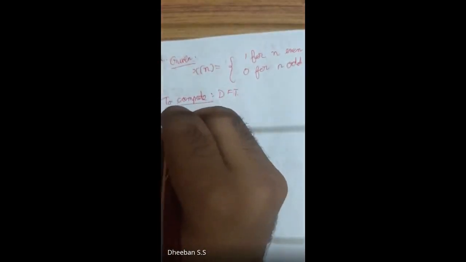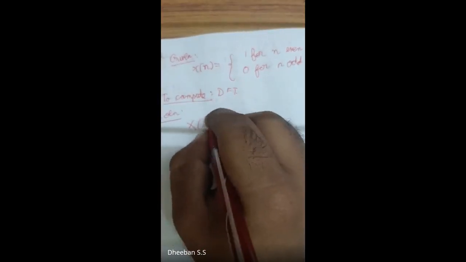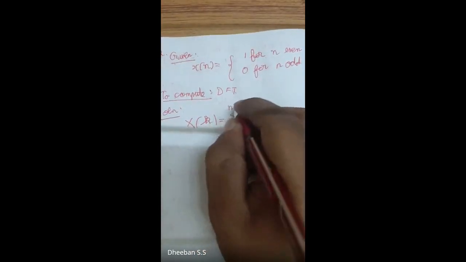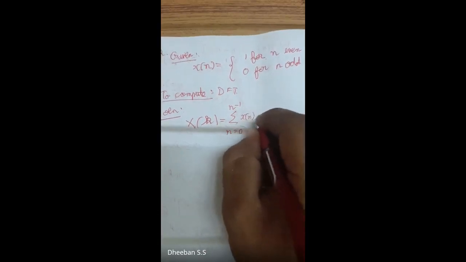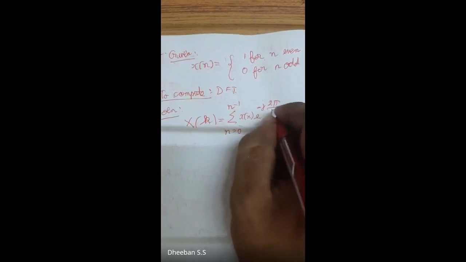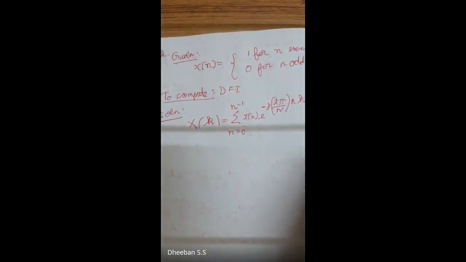The solution is just write x of k. X of k is equal to summation n equal to 0 to n minus 1 of x of n e power minus j 2 pi by n, small n into k. Okay, this is the formula.